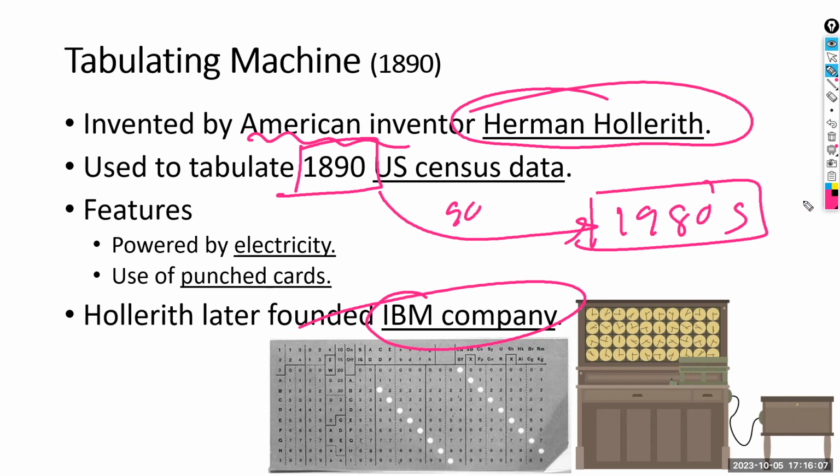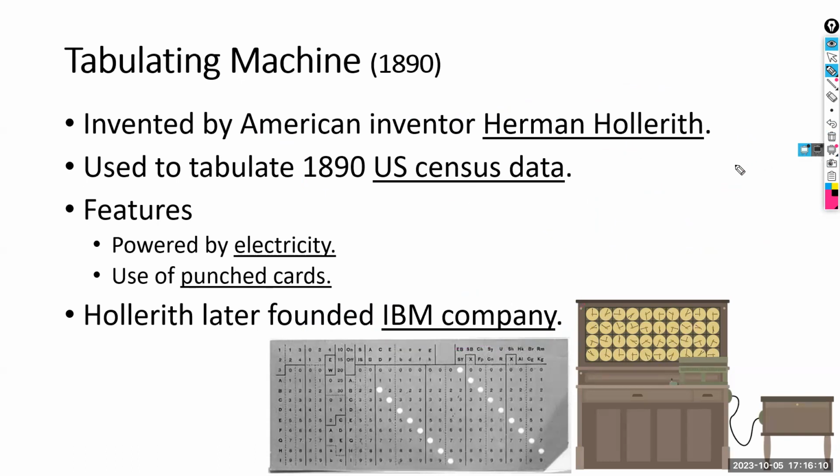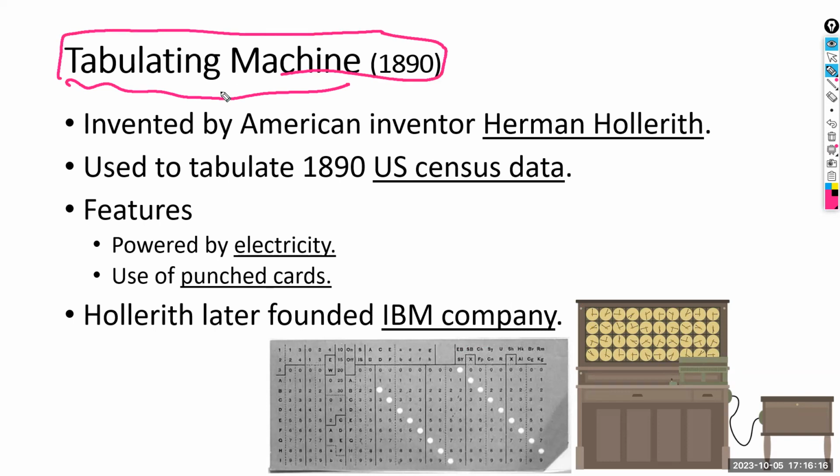So Hermann Hollerith developed what we now call the tabulating machine, which was used to process census data of USA. Census data. And of course it used electricity.